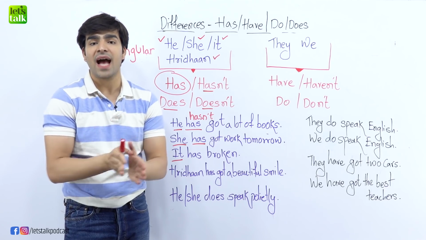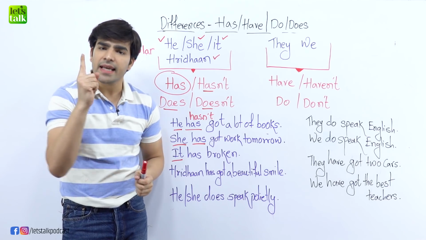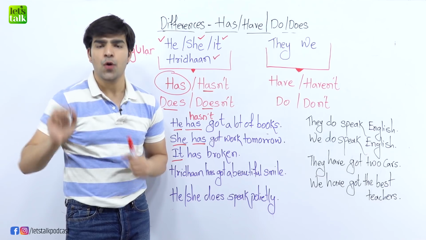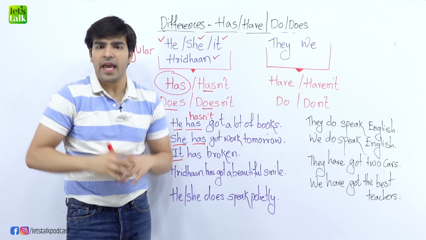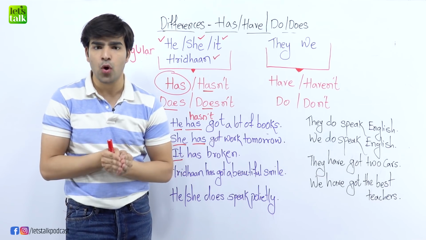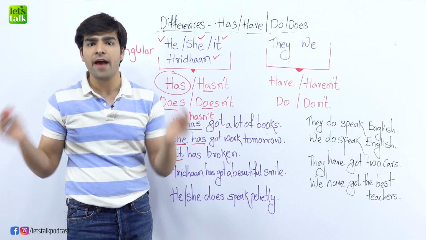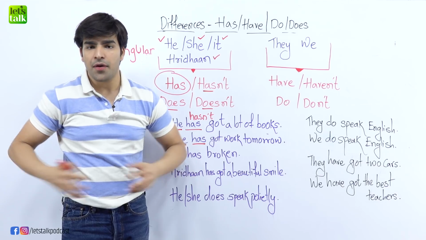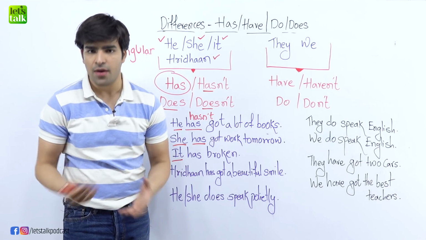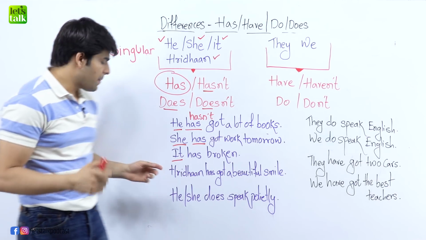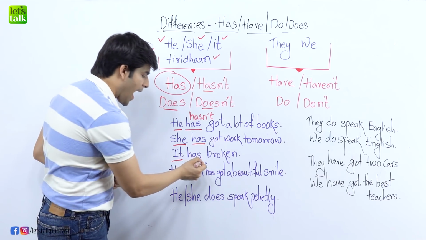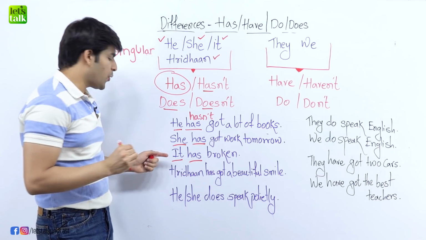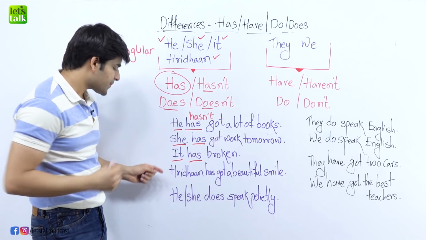That means it has stopped working. And it is just one machine. It, the machine. Let's say air freshener. It has broken down. It is not working. So air freshener is one machine. When I say air fresheners, air freshener machines, that's when it becomes plural. But now it is singular. So we use has with it. Always. With it, has goes.